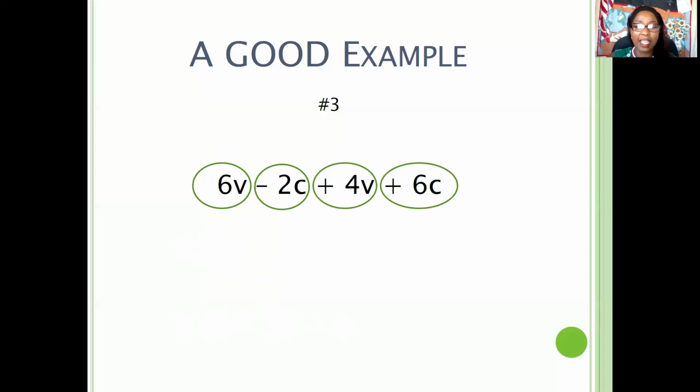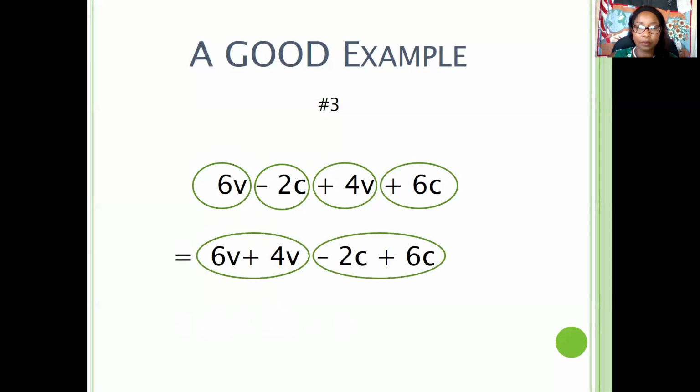Now, let's collect like terms together. 6v plus 4v, minus 2c plus 6c. Remember, keep your eyes on those operations in front of each term.